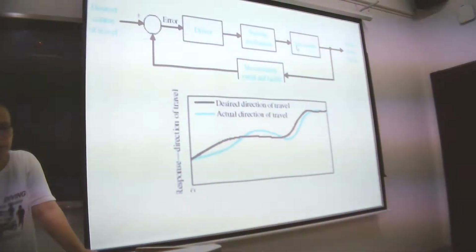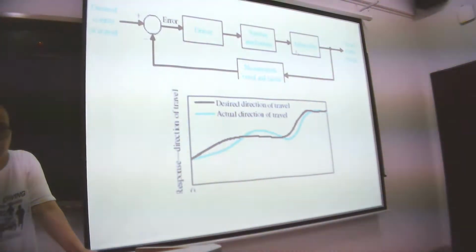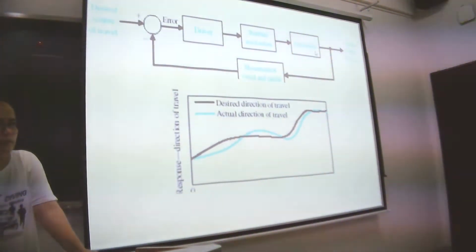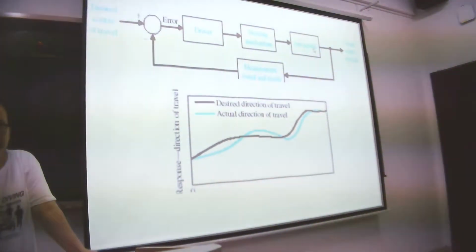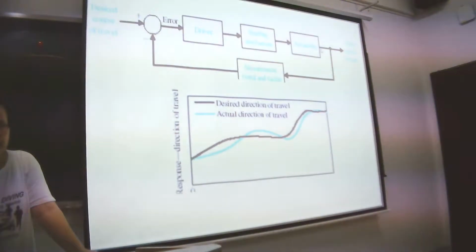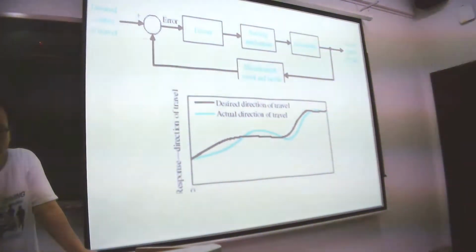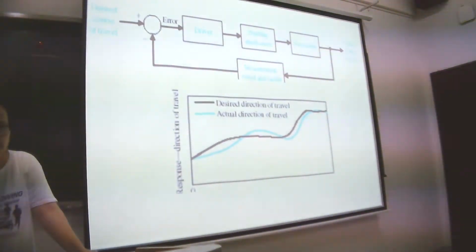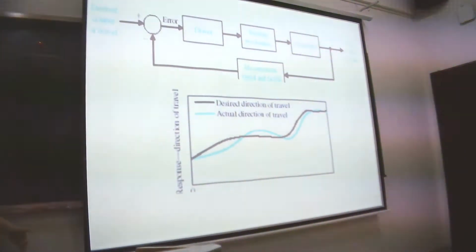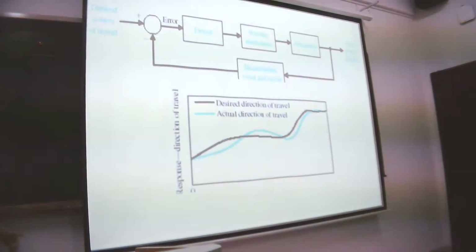And the machine will control this car, and the automobile will modify its direction. And then we can get a new actual course of travel, or a new direction.